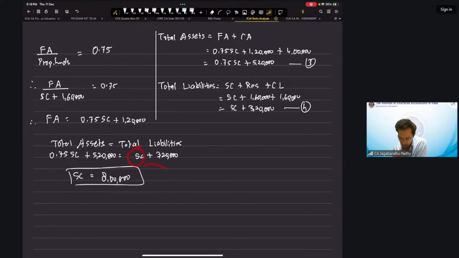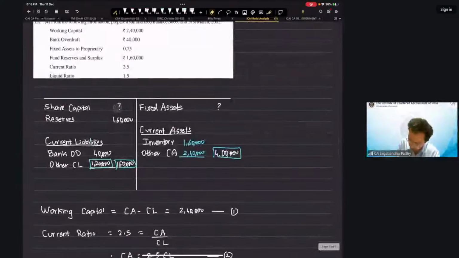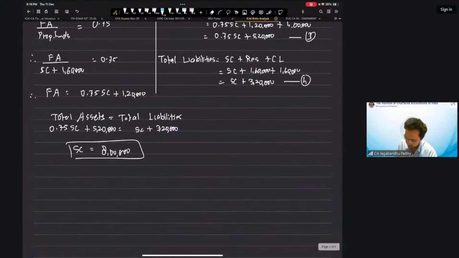So 8 lakh plus 3 lakh 20, so 11 lakh 20. 8 lakhs. Yeah. So share capital is 8 lakh. And now we can get the fixed asset value also, since fixed asset is 0.75 share capital plus 1,20,000.